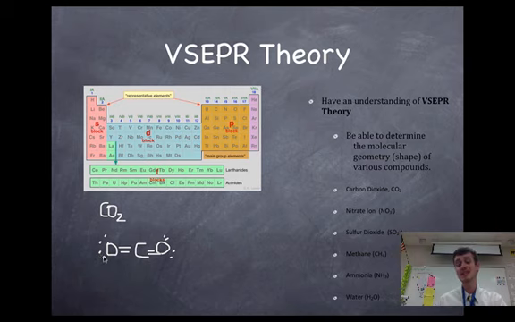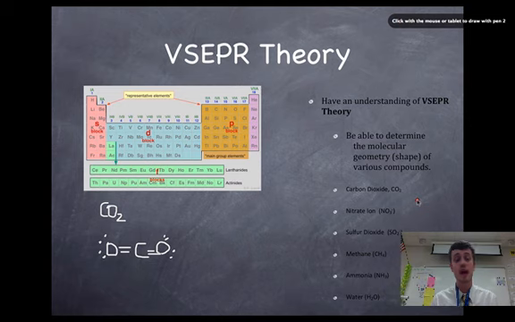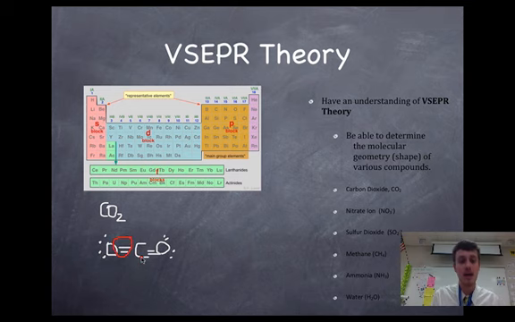The next thing you want to do is determine how many regions, or areas, of electron density, or electron concentration, you see. Here I look around my central atom, which is my carbon. There I have one, there I have another.